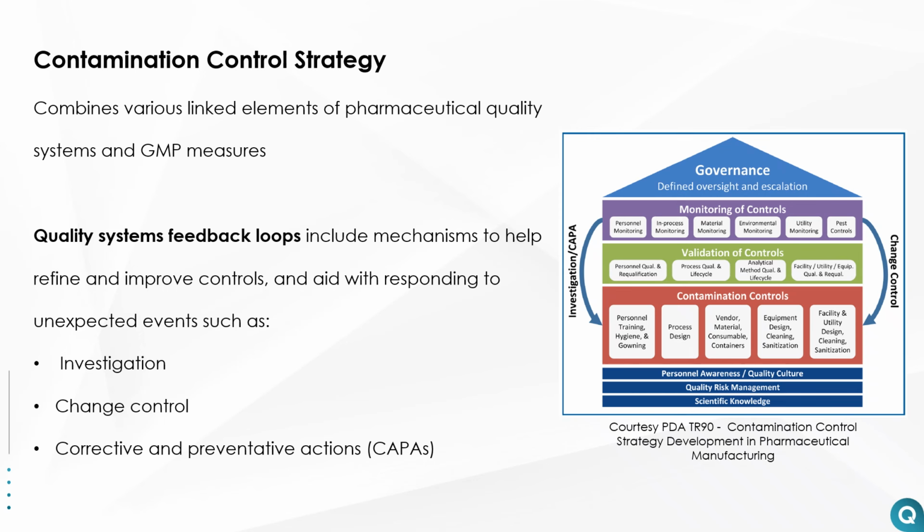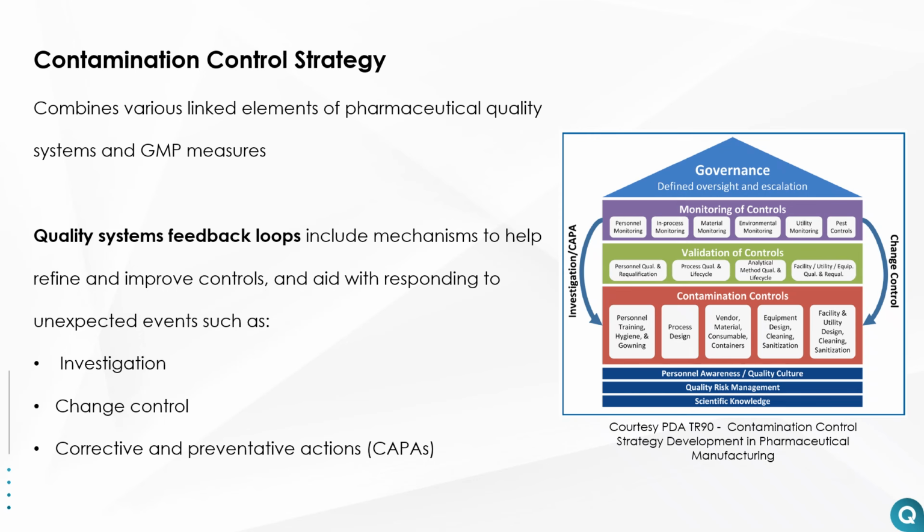Quality system feedback loops play a crucial role in refining and improving contamination control measures. These feedback loops include mechanisms to help respond to unexpected events and ensure continuous improvement. The three key components of these feedback loops are: 1. Investigation, thoroughly investigating any deviations or unexpected events to identify root cause and prevent reoccurrence; 2.